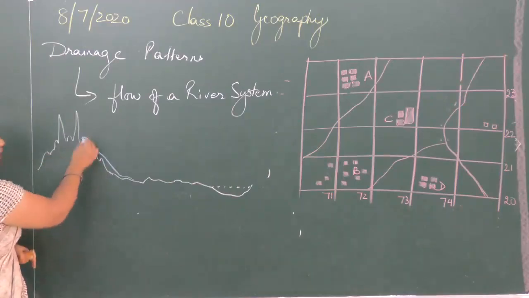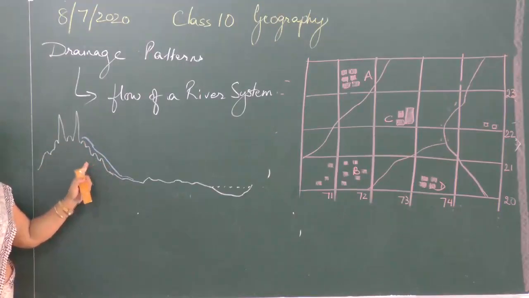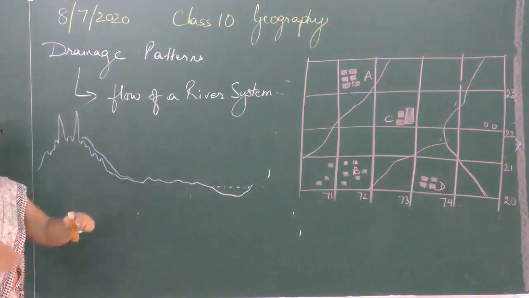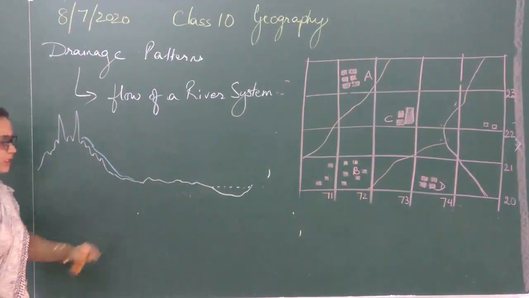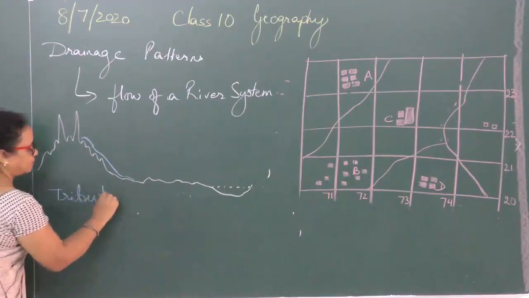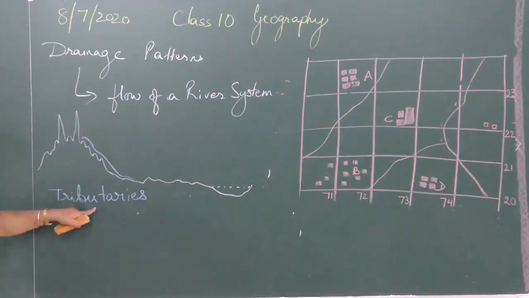Clear? Now in the higher parts of the mountain, this is only a single dimensional figure, so I can't show you on the board, but many other streams from different sides join the main river. Those are called tributaries. You have to get used to these terms in the map. Tributaries are what? Smaller rivers which join the bigger rivers.